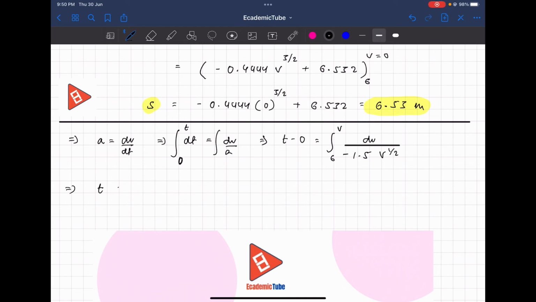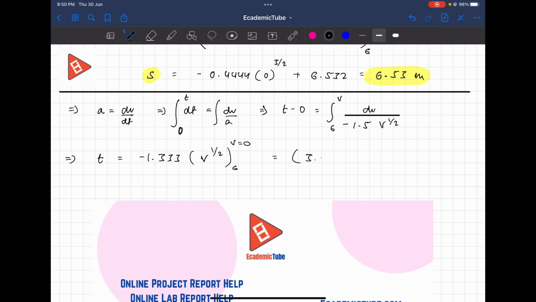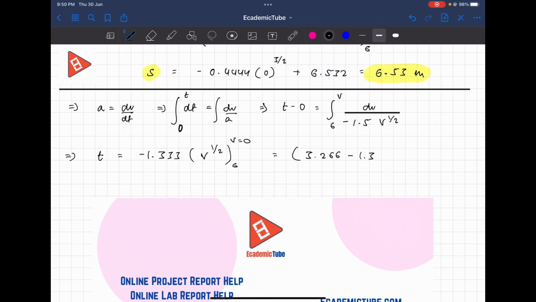Now we can write t is equal to, after integration, 1.333 v to the power 1 by 2, where the value goes from 6 to v, and v is here equal to 0. So the final answer will be 3.266 minus 1.333 v to the power 1 by 2.